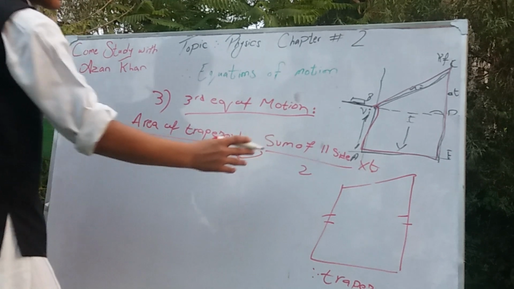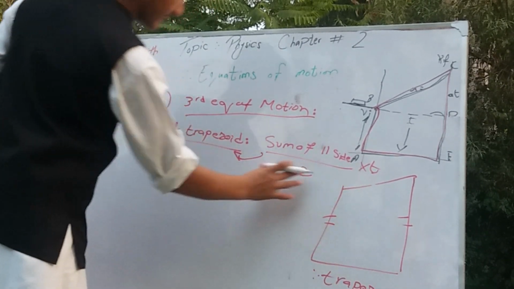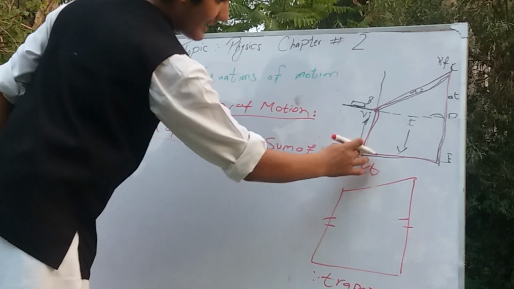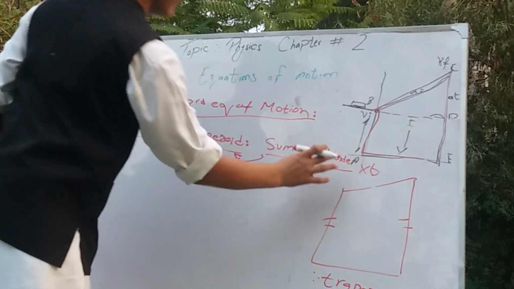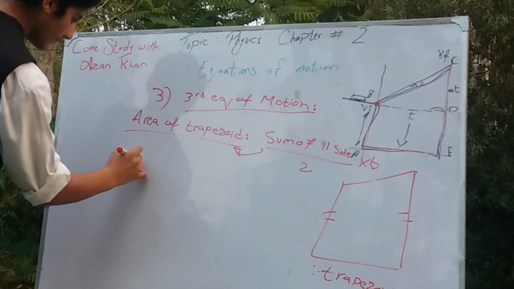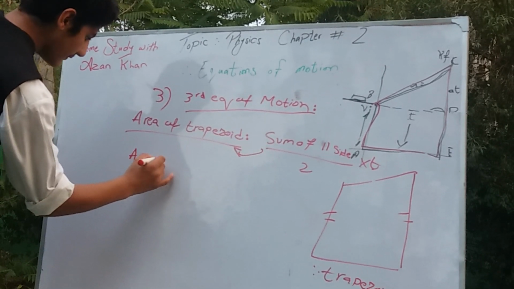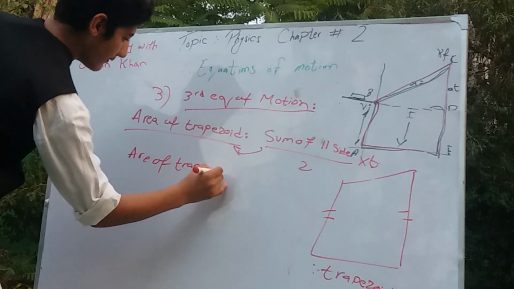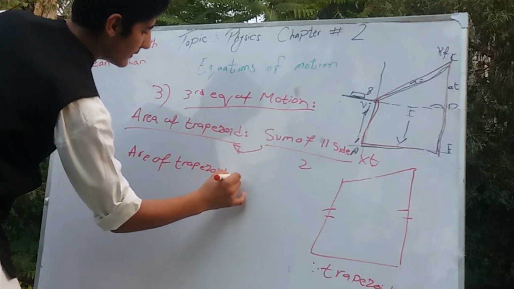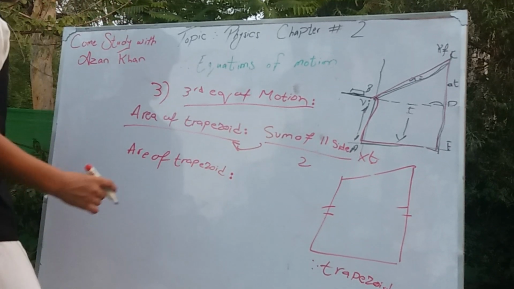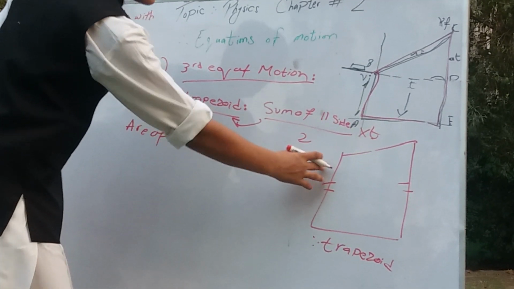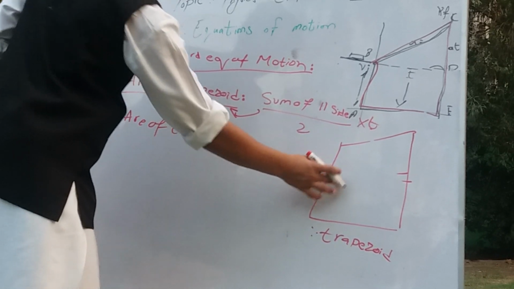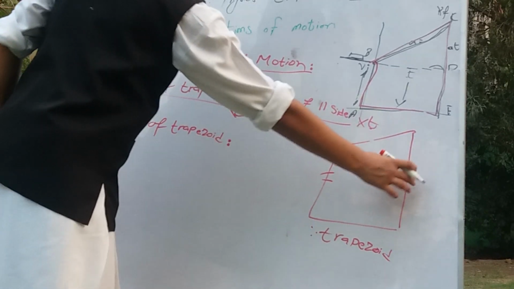Here t is the height. What is the sum of the parallel sides? The area of the trapezoid is equal to, this is Vi and this is Vf, the initial velocity and the final velocity.